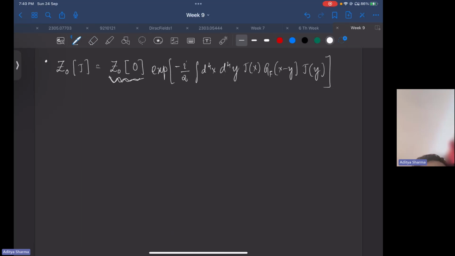Suppose this is normalized, so this is 1, and we'll expand this thing. So when we expand, we can write this thing as 1 minus i by 2. Here I have taken h bar as 1.